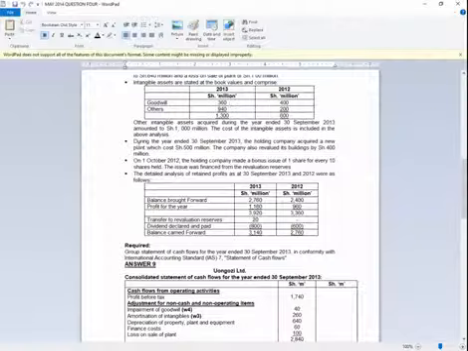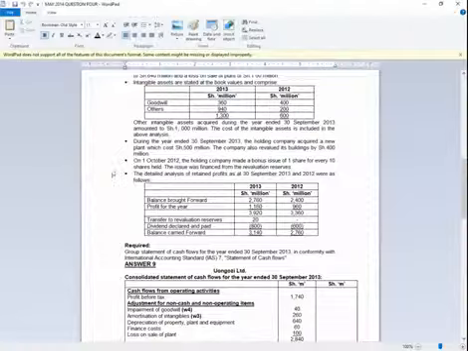And then I'm told here, during the year ended 30th September 2013, the holding company acquired a new plant, which cost 500 million. The company also revalued its buildings by 400 million. On 1st October 2012, the holding company made a bonus issue of 1 share for every 10 shares held. The issue was financed from the revaluation reserves.